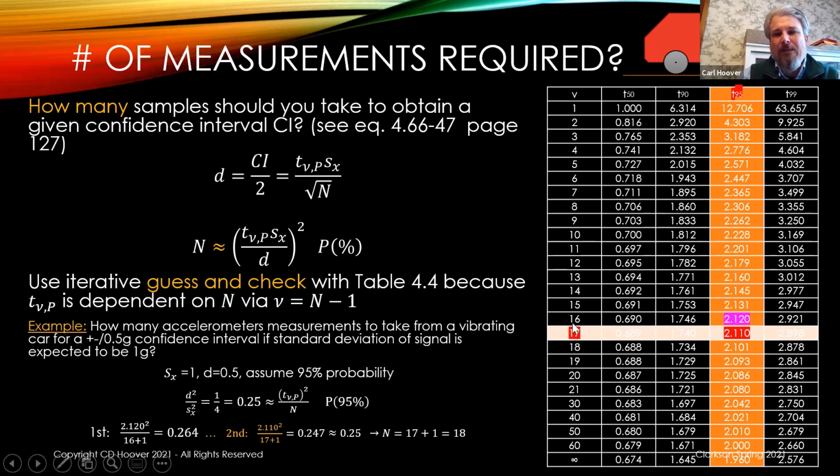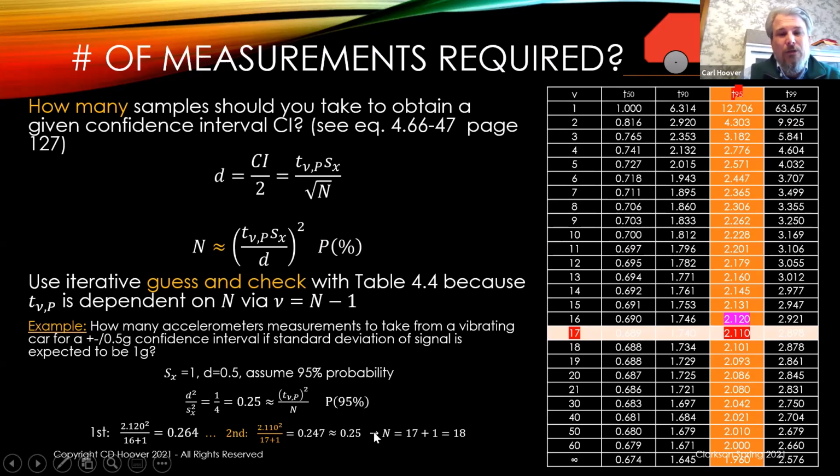So over here on 16 samples, we tried 17, which is the degrees of freedom of 16. We get a t of 2.120, and that gives us about 2.64. So we say, okay, what about number of samples of 18, which is degrees of freedom of 17, and we see that we have 2.11 Student's t, and that gives us about a 0.247 for this ratio of d to the standard deviation, which is close enough for what we're looking for.